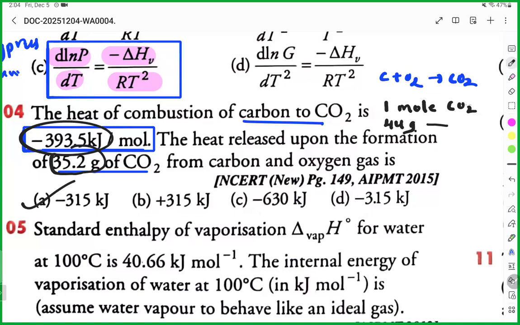How many of you got the answer? Understood really well? Nobody.